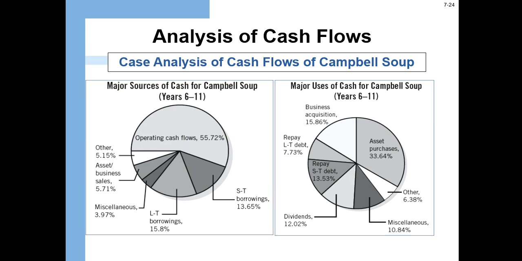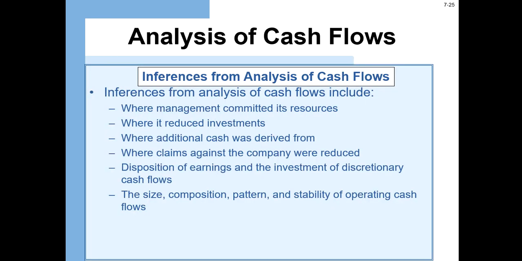So we compare this with the previous periods, where the additional cash was derived from, where claims against the company were reduced, disposition of earnings and investment of discretionary cash flows, the size, composition, pattern and stability of operating cash flows.